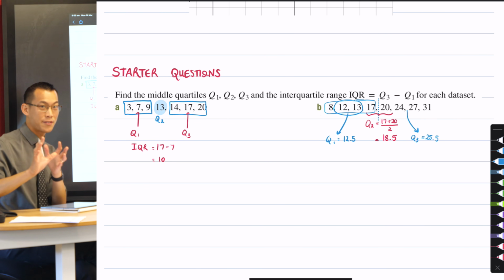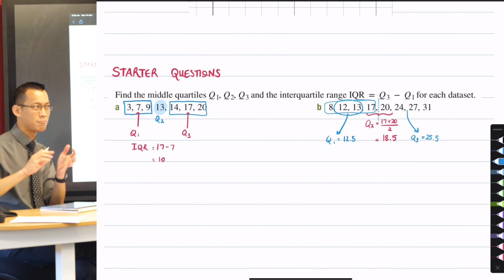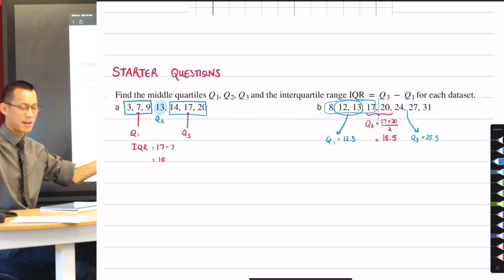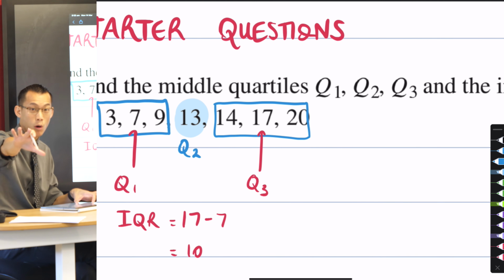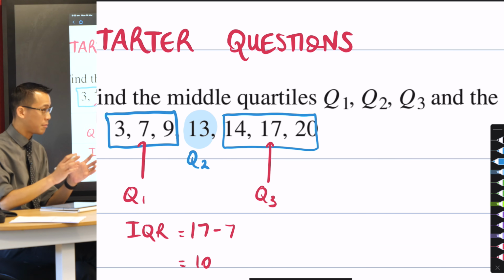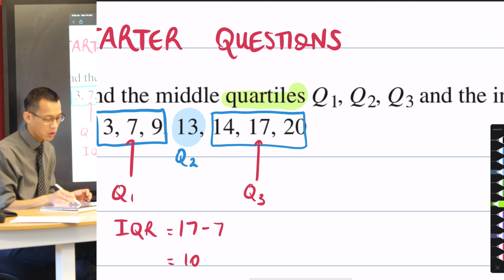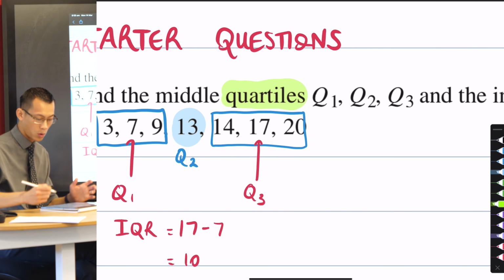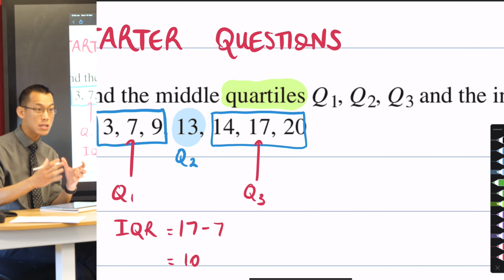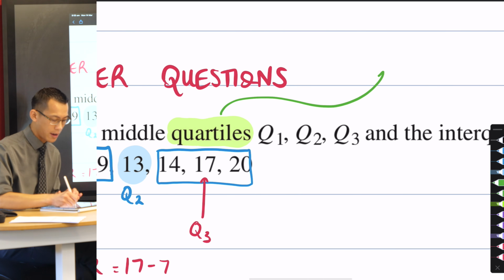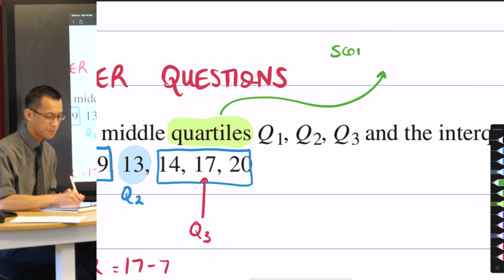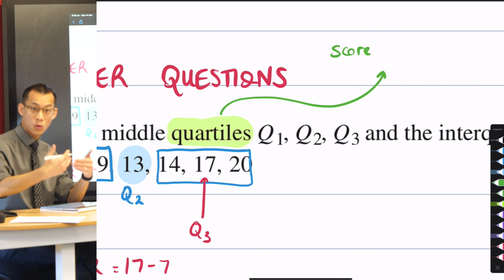Let me see if I can give the same explanation, but in a way that will hopefully catch more of the class. The core of it is exactly right. A quartile means, and I know some of you missed this, but let's all write this down. Wherever you've got your question, write down the word quartile again, because the key is in the word. A quartile is a score that divides into quarters.